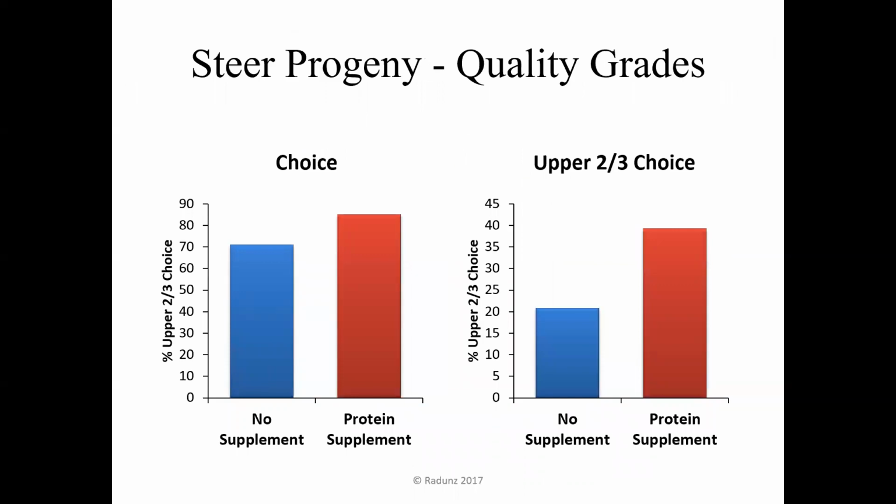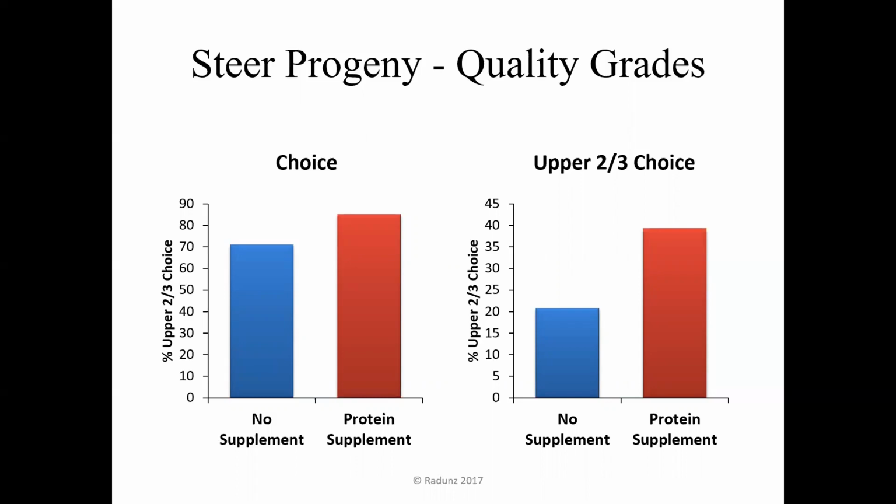If we followed those calves on and they looked at the steer progeny, and they looked at the percentage choice carcasses versus the percentage of upper 2/3 choice carcasses, they found that protein supplementation increased the percentage of choice carcasses.